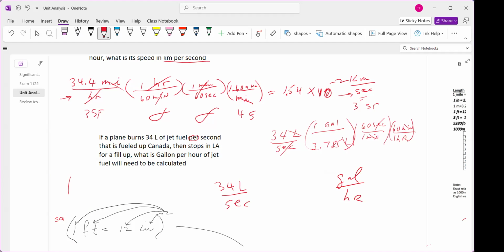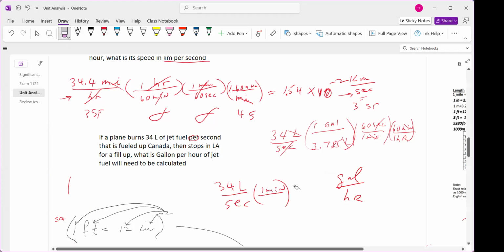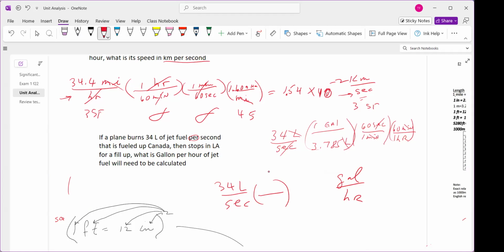So it's a fraction to fraction problem. Let's do the denominator first. We need to go from seconds to hours, so we can go seconds to minutes, and then minutes to hours.